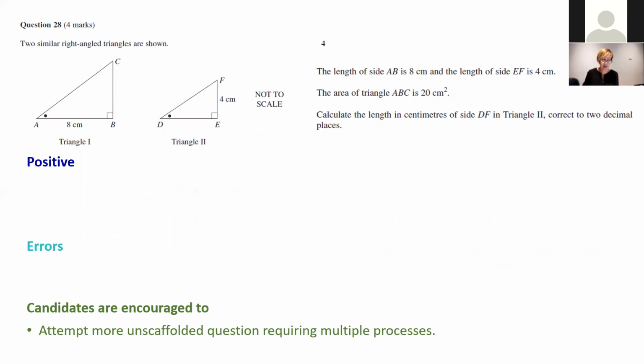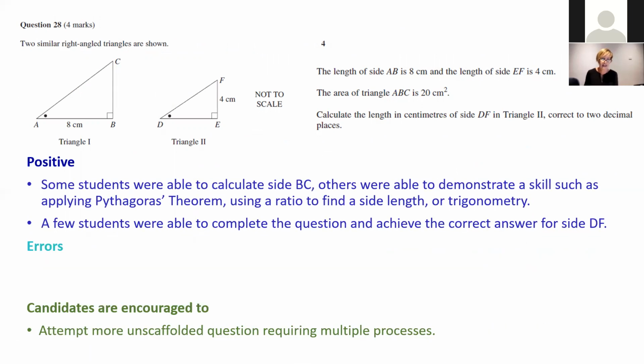And it was pleasing that some students were able to calculate BC in the first triangle, given that the area of that triangle was 20 square centimetres. Of course, there were errors in students who tried to do that where they divided by 2 instead of multiplying, or multiplied by 8 instead of dividing, or whatever error they made.